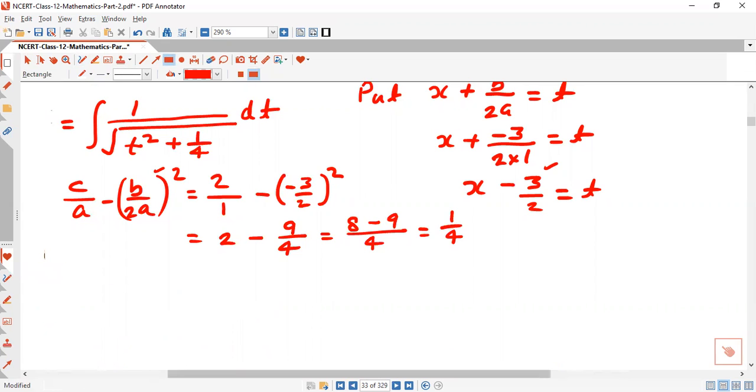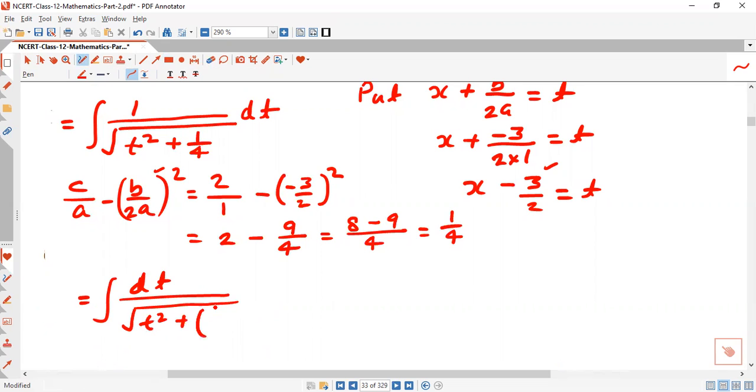So this integration can be written simply in this way also: dt upon under root of (t square plus 1 by 2) whole square.